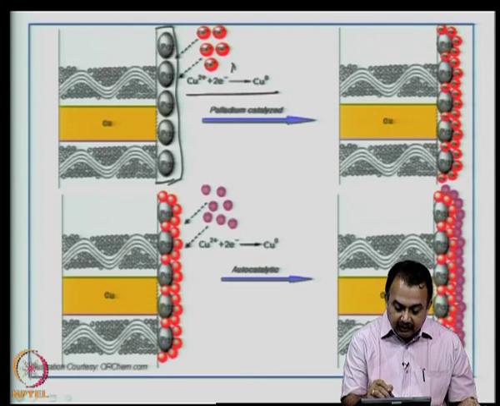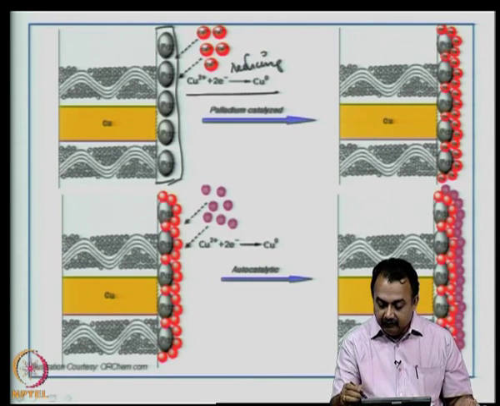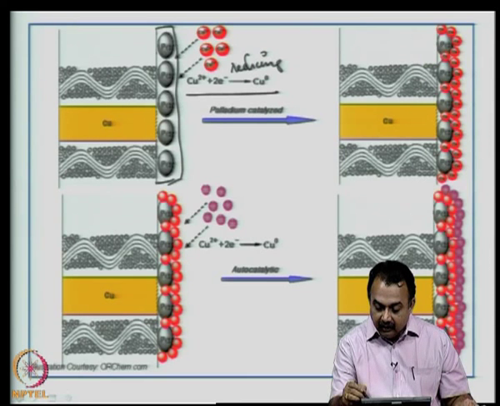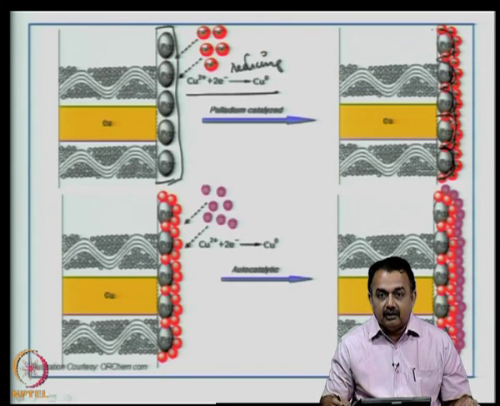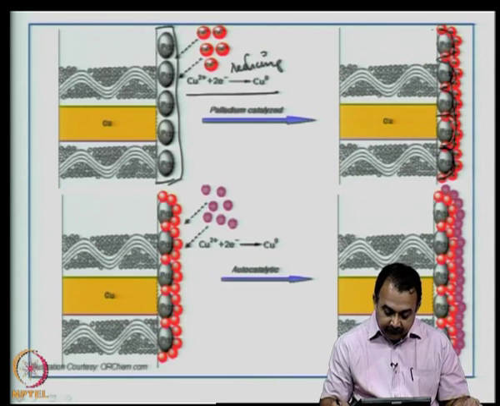In the presence of a reducing agent, you get Cu2+ plus 2e- giving Cu0, and then this copper will now attach itself to the palladium surface, you can see here. So, this bond is very crucial in determining the reliability of the board itself.